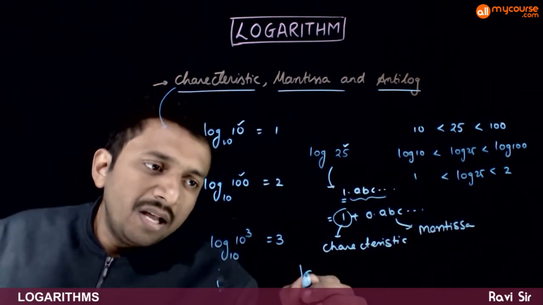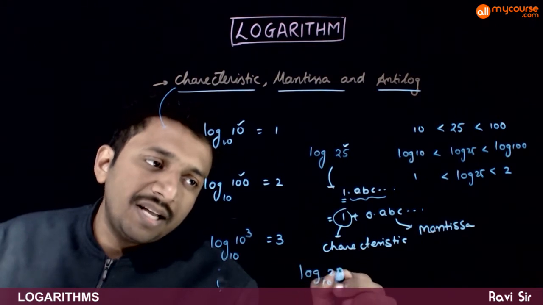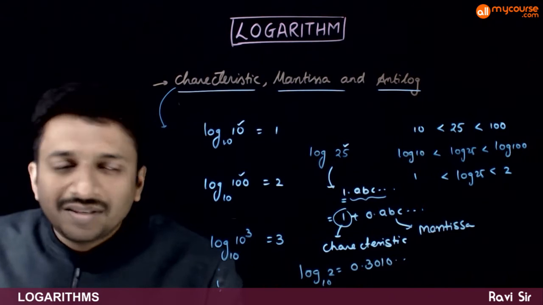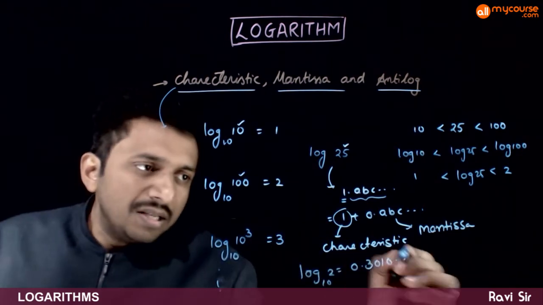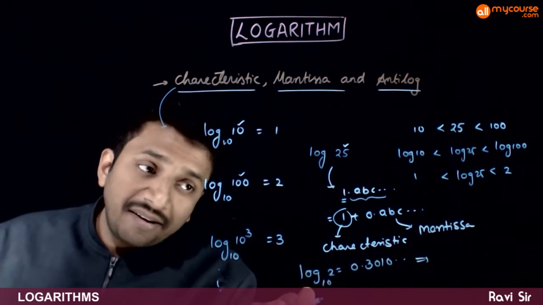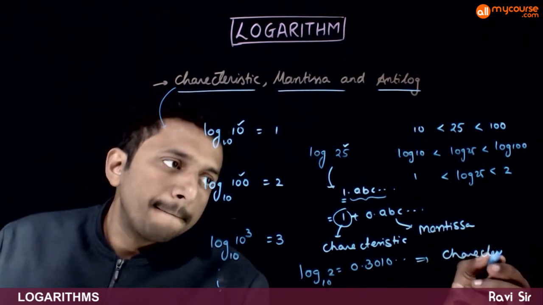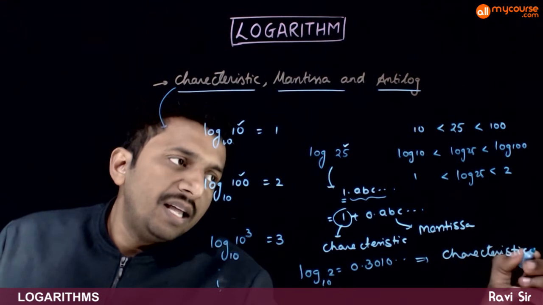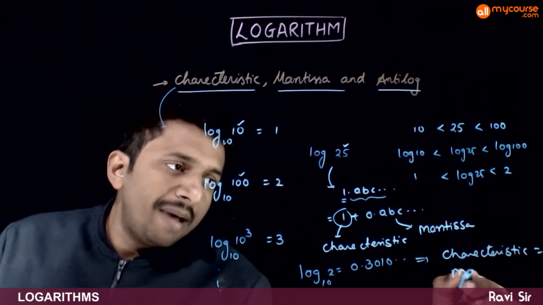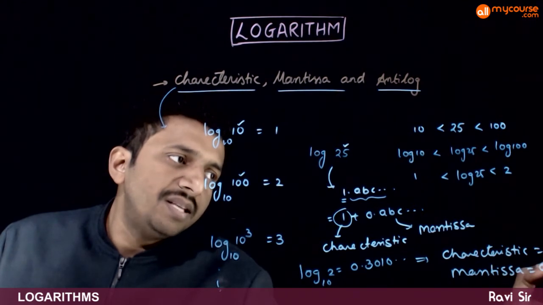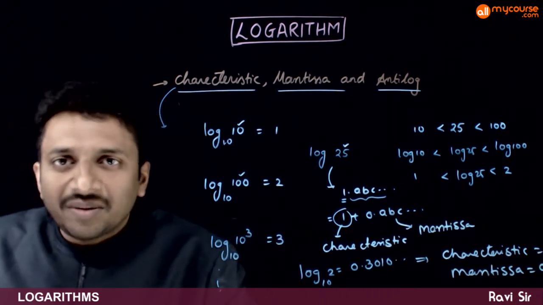For example, log 2 to the base 10 is equal to 0.3010, and so on. These are the first 4 digits. So the characteristic of log 2 to the base 10 is 0 and the mantissa is 0.3010. It's as simple as that.